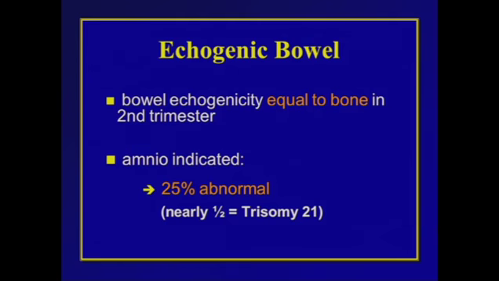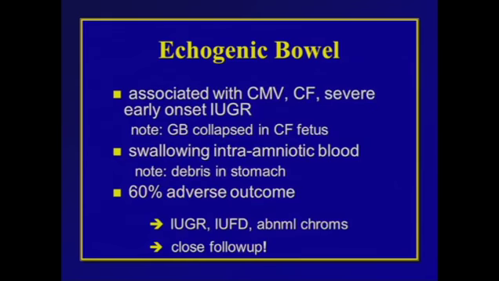So we can describe echogenic bowel in the second trimester when the bowel echogenicity is equal to bone. In these instances, it is important to analyze the chromosomes in these fetuses because up to 25% of fetuses with echogenic bowel may have aneuploidy, and about half of those fetuses will have trisomy 21.